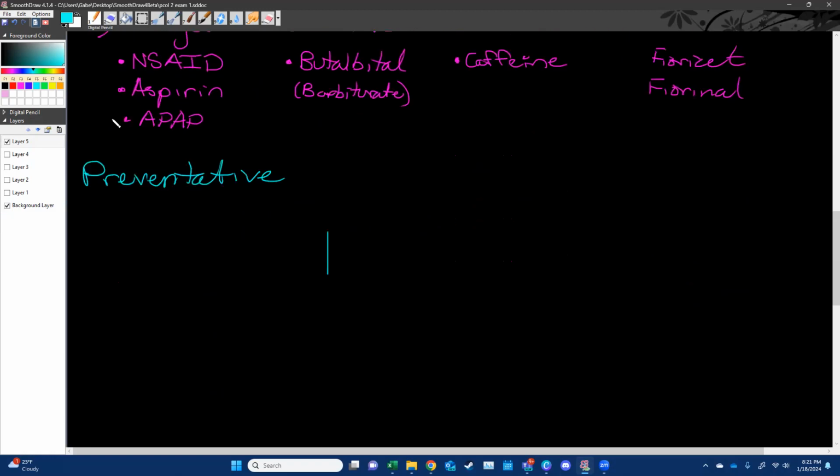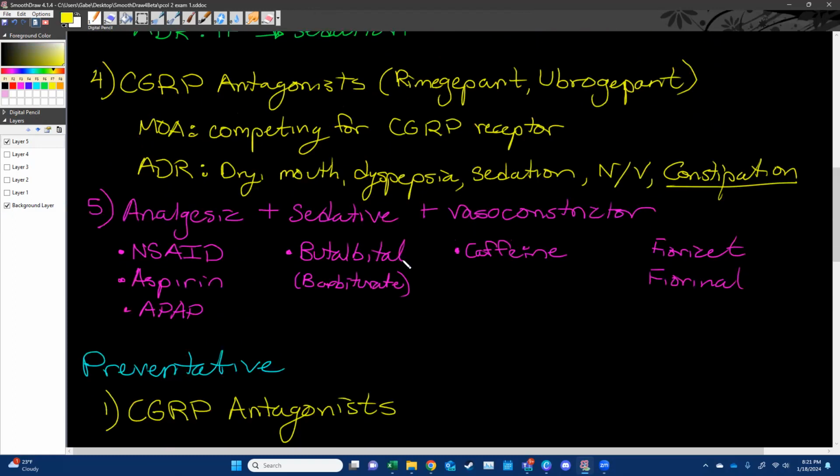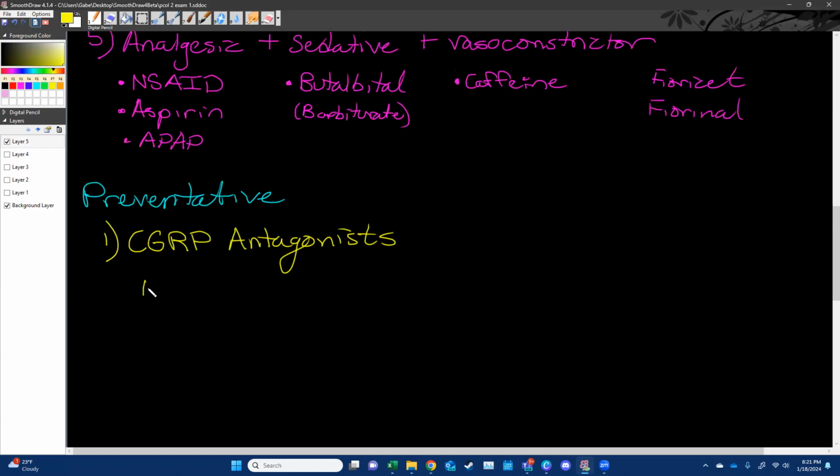All right. Preventative treatment. The first preventative therapy we're going to talk about are also CGRP antagonists. These are not the same CGRP antagonists up above. These are monoclonal antibodies for CGRP or the CGRP receptor.